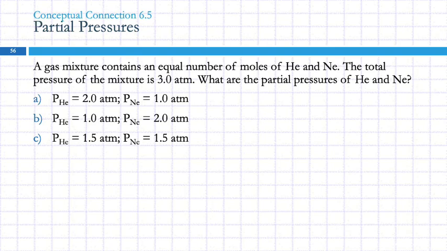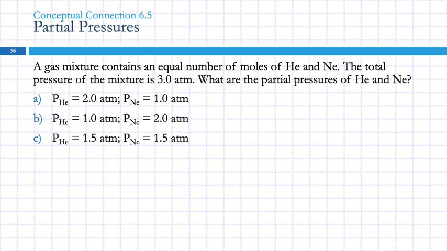A gas mixture contains an equal number of moles of helium and neon. The total pressure of the mixture is 3 atmospheres. What are the partial pressures of helium and neon? Well, if they are equal number of moles, what would the mole fraction of each be? The mole fraction is the moles of helium divided by the total number of moles.